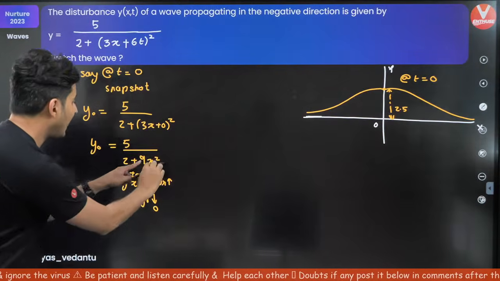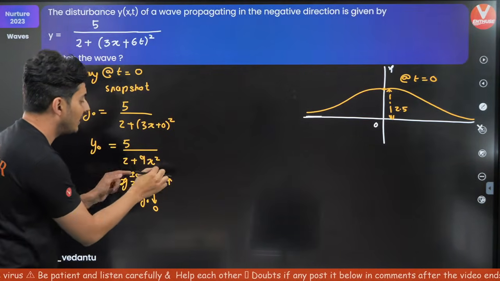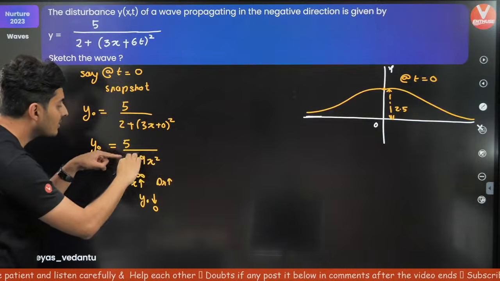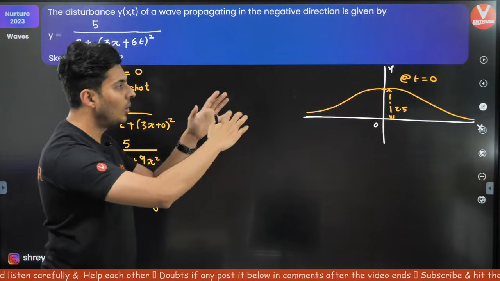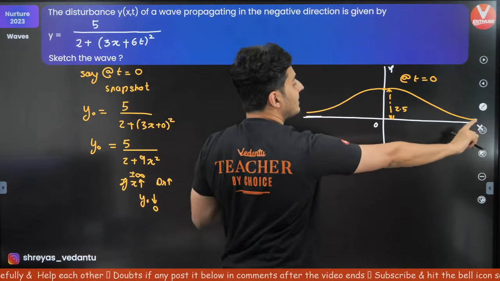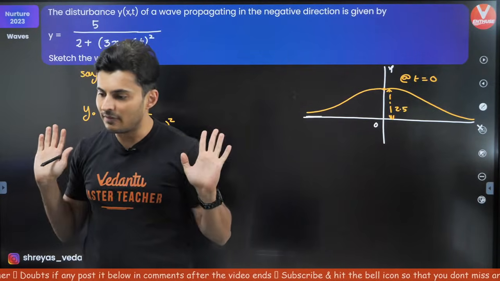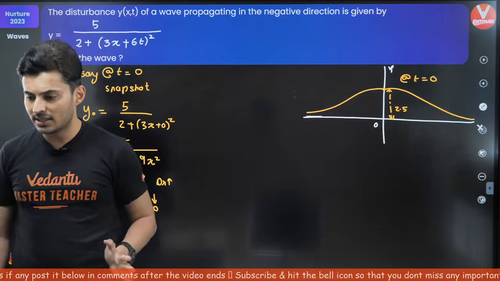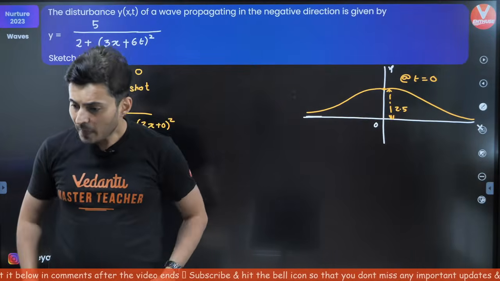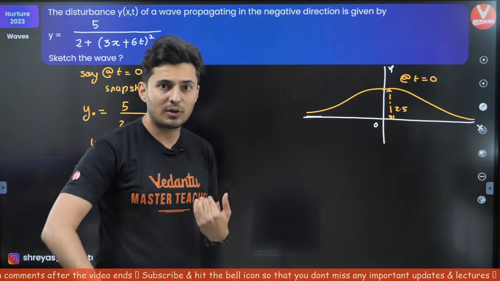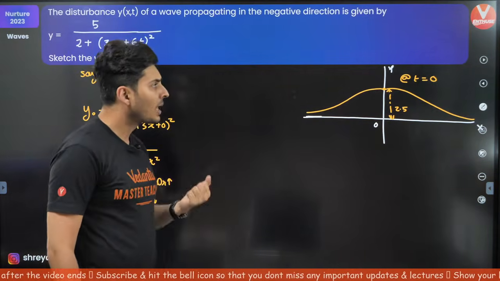Next, if x is large, 9x square is large, the denominator is large, this ratio is small. So as the value of x increases, the y value reduces. That's what I have done. Everybody agrees upon this?